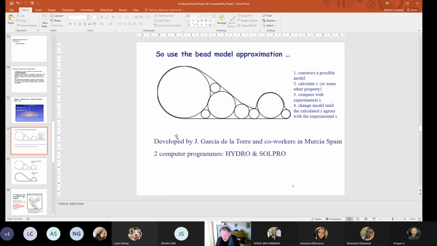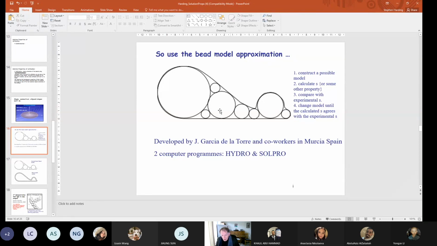And the idea is that you first of all measure the sedimentation coefficient of your complex molecule using sedimentation velocity in the centrifuge. You measure the sedimentation coefficient, and then you create a model of your protein. And then using these programs Hydro and Solpro, from how these beads are arranged, you can work out what the sedimentation coefficient of that molecule should be.